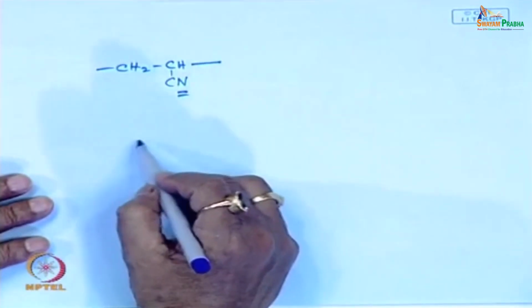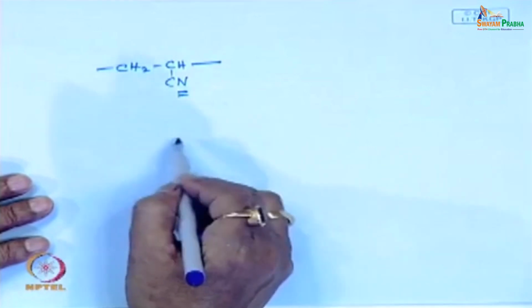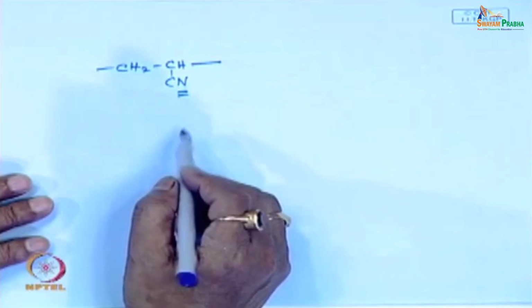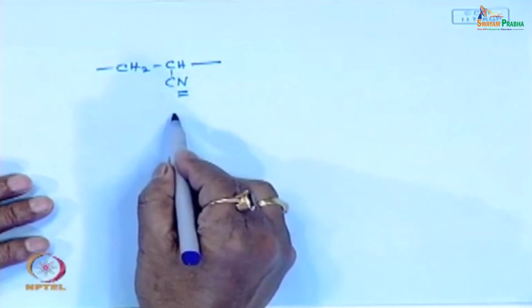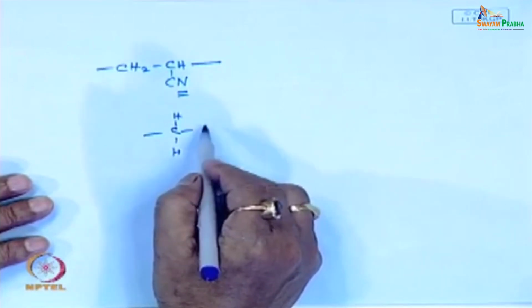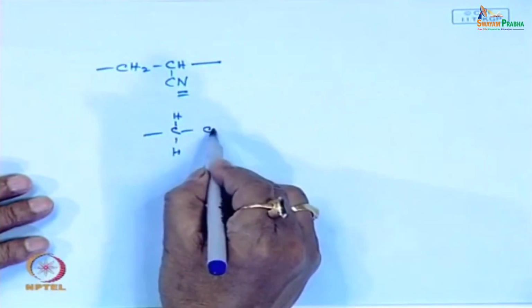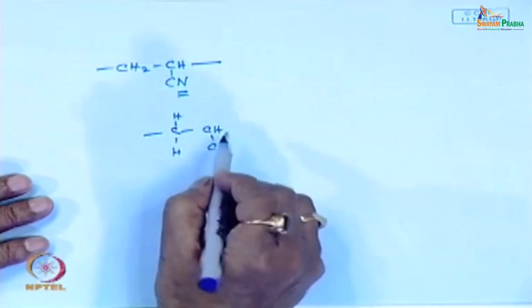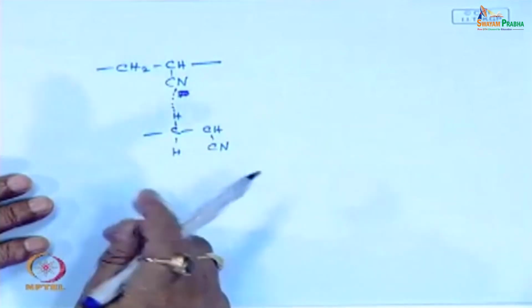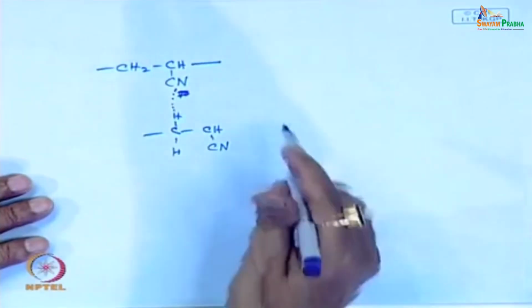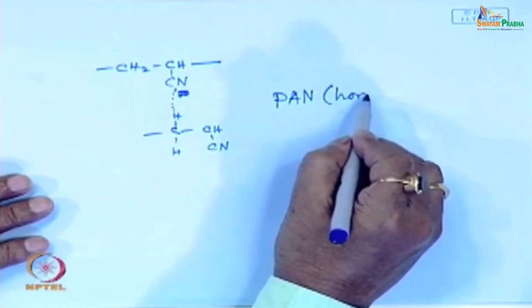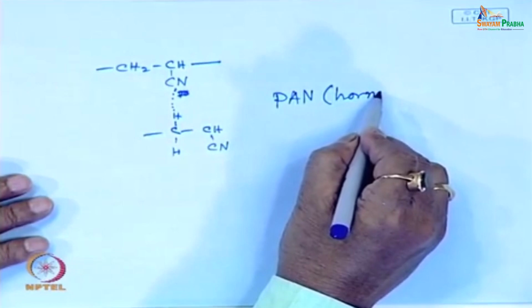So, that nitrogen enters into hydrogen bonding, although not so strongly as you have seen in the case of polyamide. That is why polyacrylonitrile, PAN polymer, is a horny polymer.